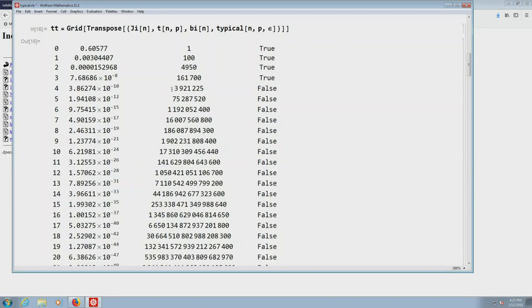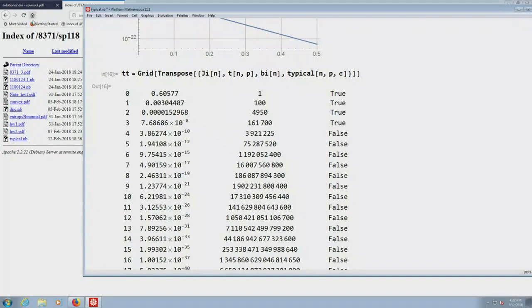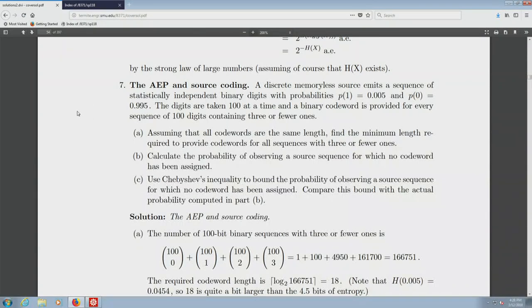Now, how much probability mass is in those things? Professor, if you increase, right, how much, we know how much mass this one's got, right? It was 0.6 something.